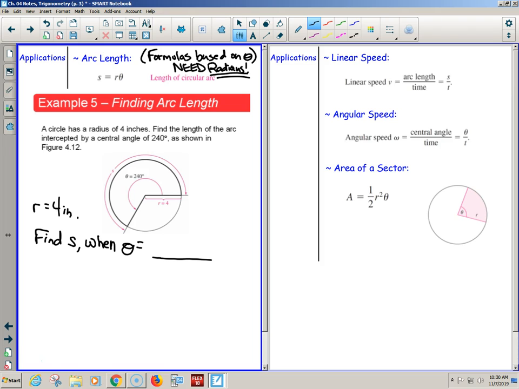So before you can ever plug into this formula, you have to take that degrees and say, wait a minute, who are you? And as you simplify, the degrees and the 0 can reduce, 24 over 18. Isn't that 4/3 pi? Or 4 pi over 3? If I tried to plug in 240, I would not even be close to the right one.